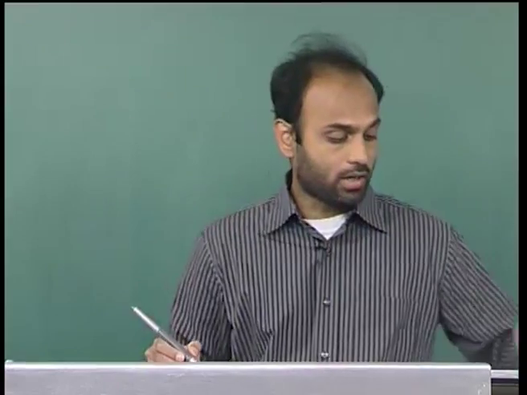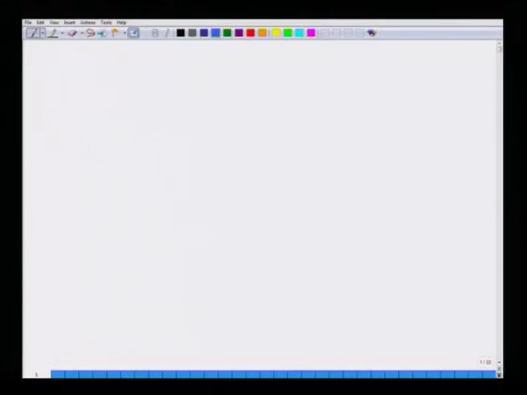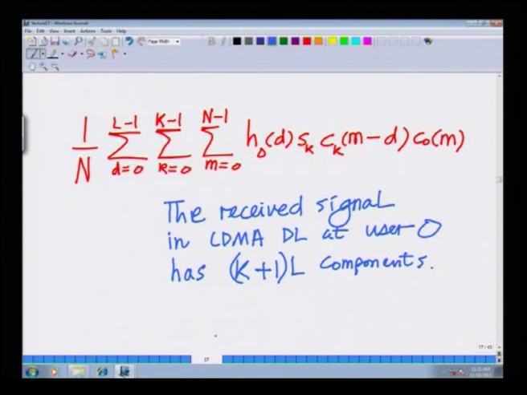So, now let us start with this expression that we have over here, which is the received signal. I am looking at the received downlink CDMA signal after decorrelation. Remember, we had correlated this with the code sequence corresponding to user 0.